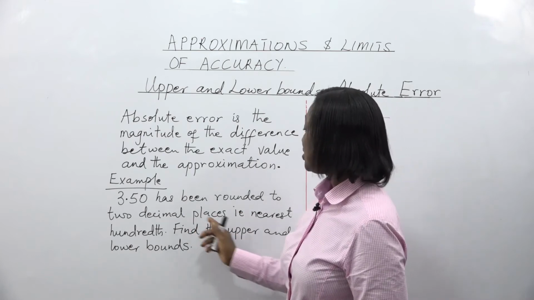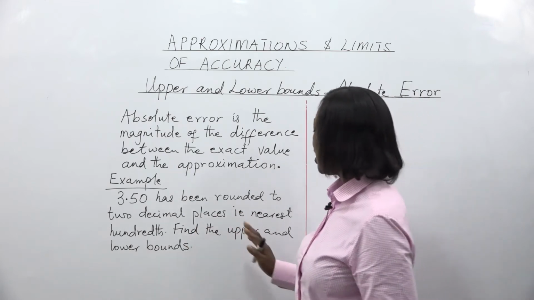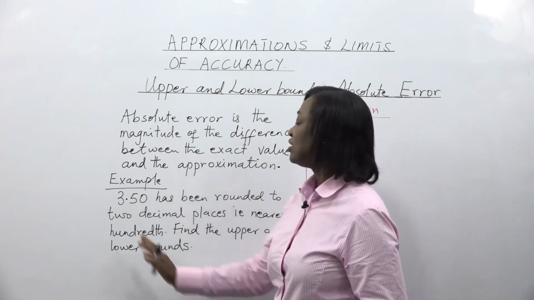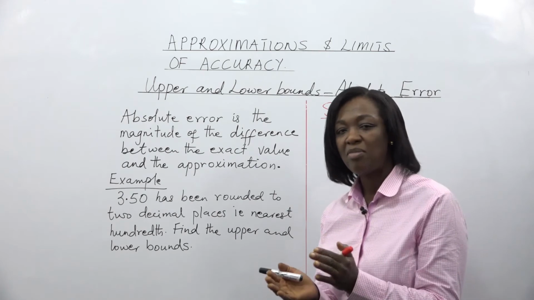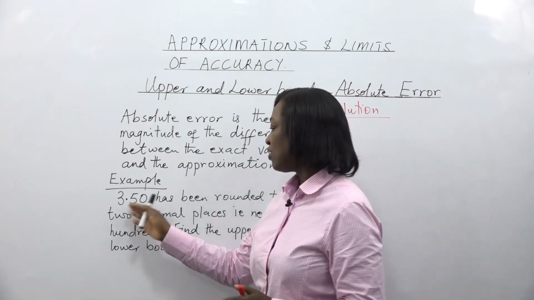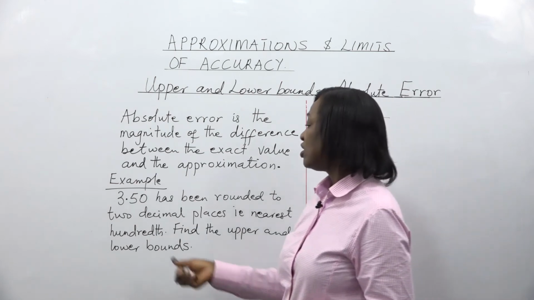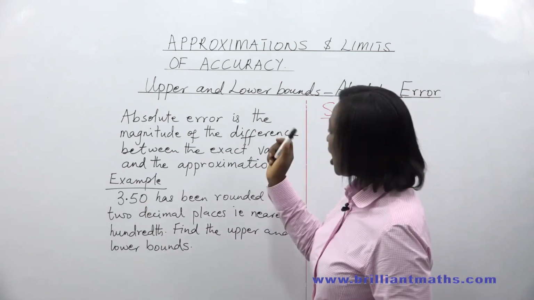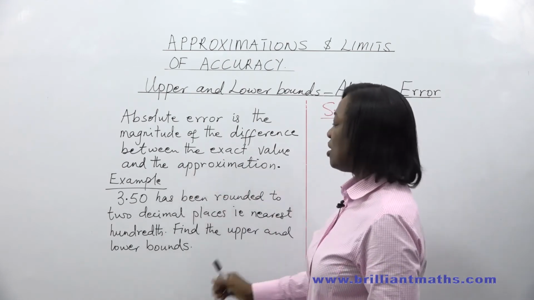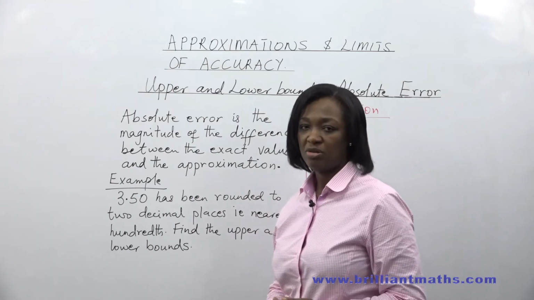And 2 decimal places is the same as nearest hundredth, like we know. We want to find the upper and lower bound of 3.50. What is the least number that could have been rounded to give us 3.50? And what is the highest number that could have rounded to give us 3.50? Absolute error is the difference between that exact value and this approximation.